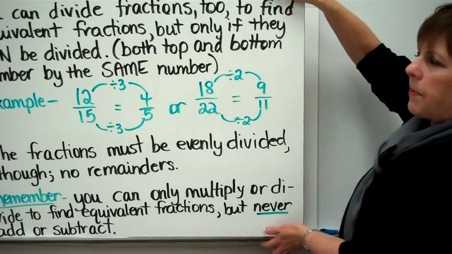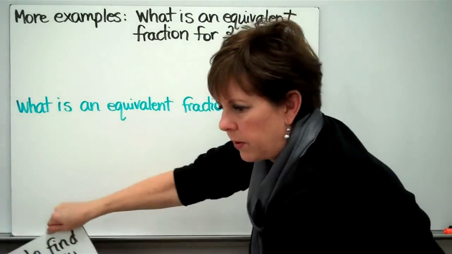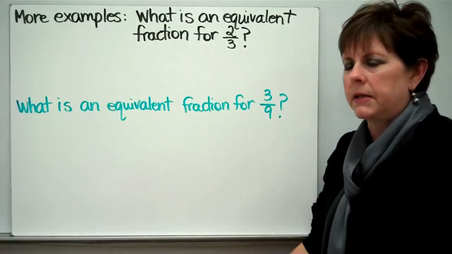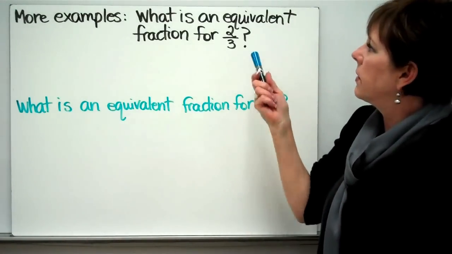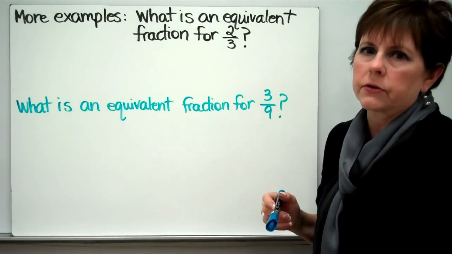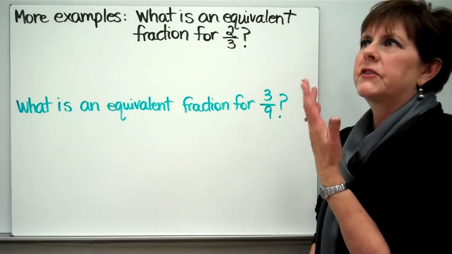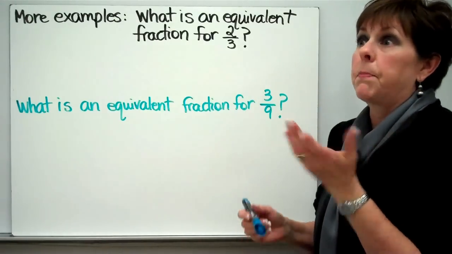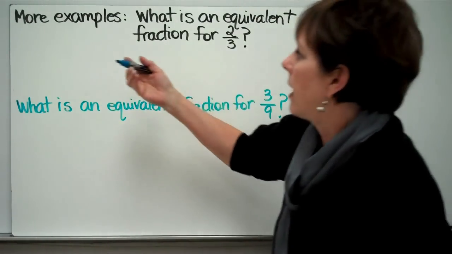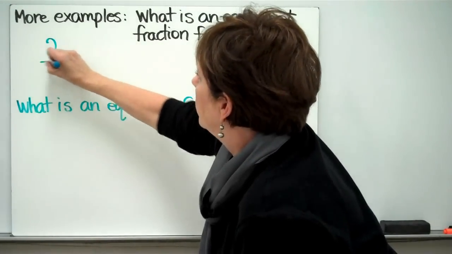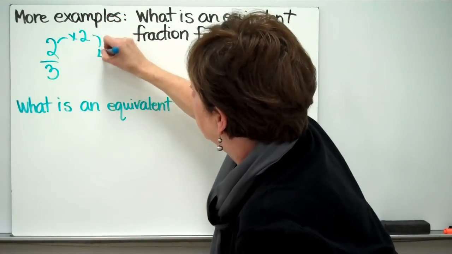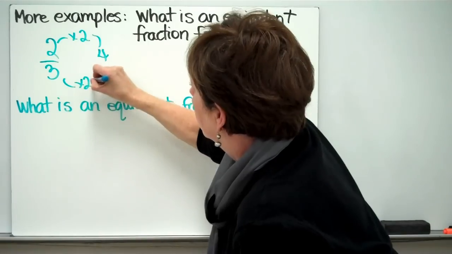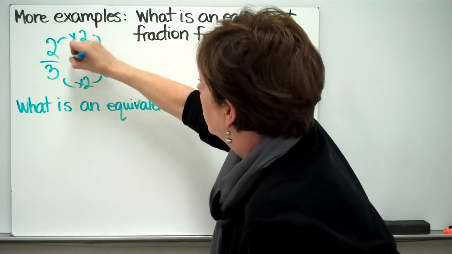Let's do some examples of what I'm talking about, because you may be saying, what do you mean if it can be divided? For example, what is an equivalent fraction for 2/3? Well, you could say I can multiply by 2. 2/3, if I do times 2, that would be 4. This would be 6.